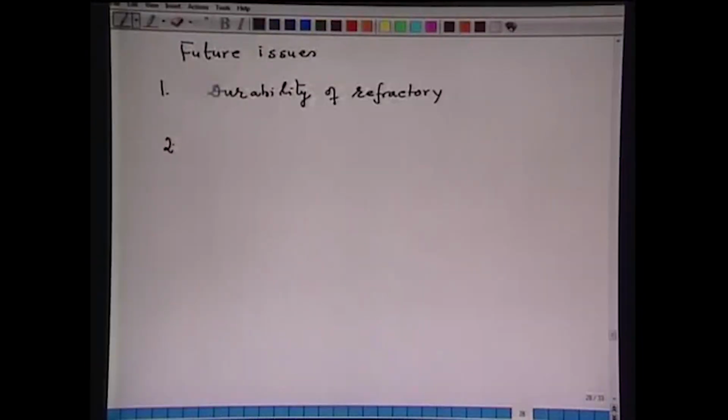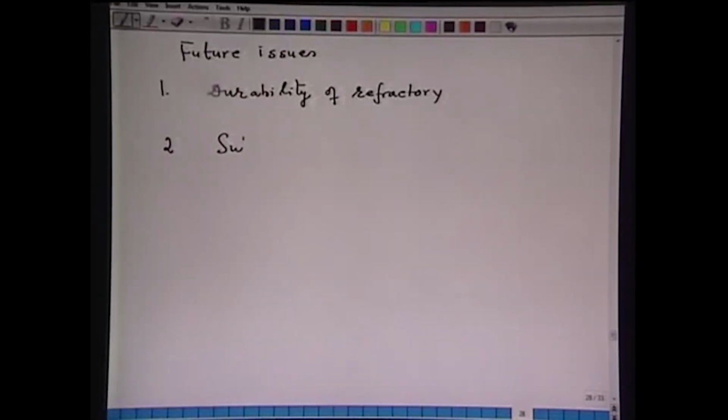Another important thing, steel making technology goes together with refractory technology. As in the steel making lecture, you must have heard post combustion is one of the important techniques to increase the energy efficiency of the BOF or electric arc furnace. But imagine the temperature which would be created in the freeboard of the BOF or EAF will be very high. So, accordingly super high temperature refractory would be required.